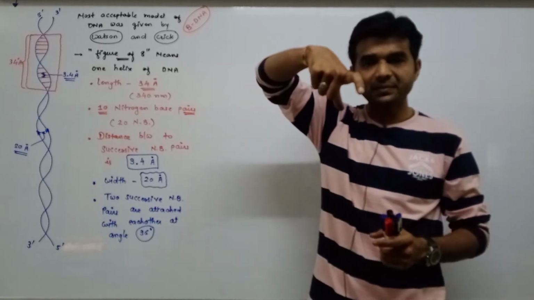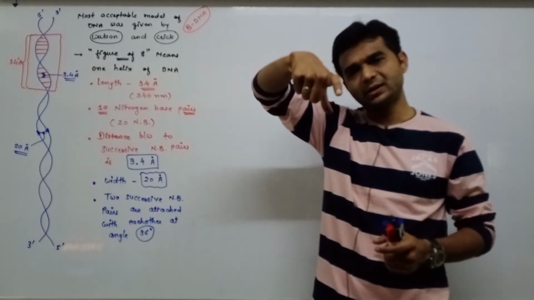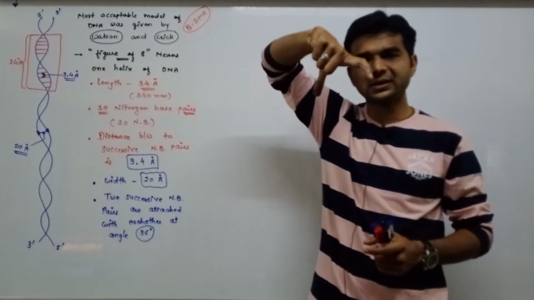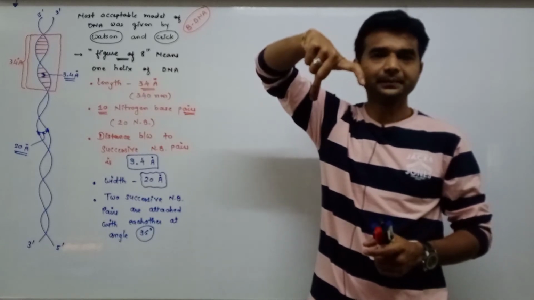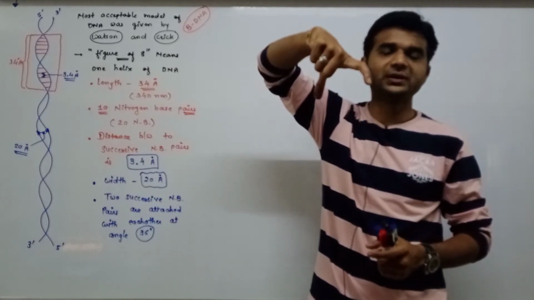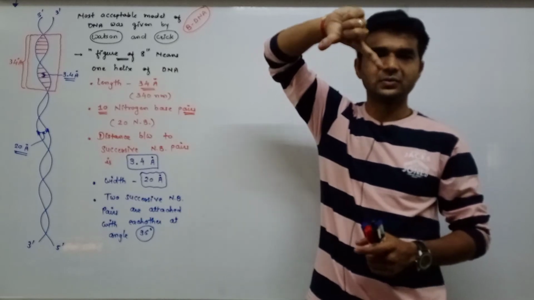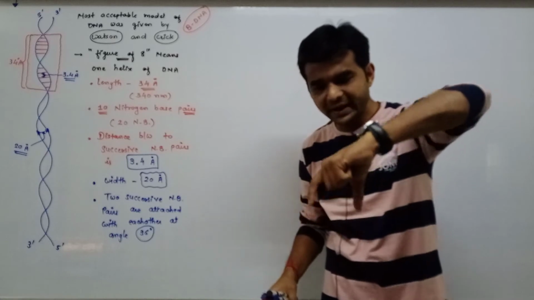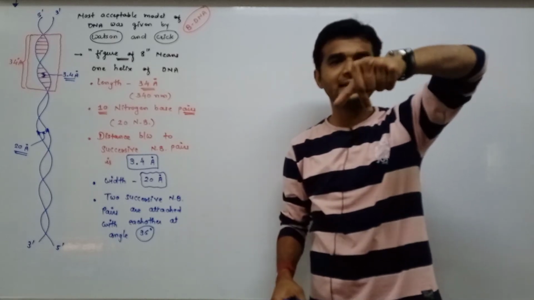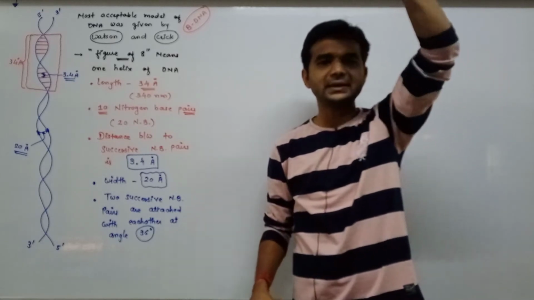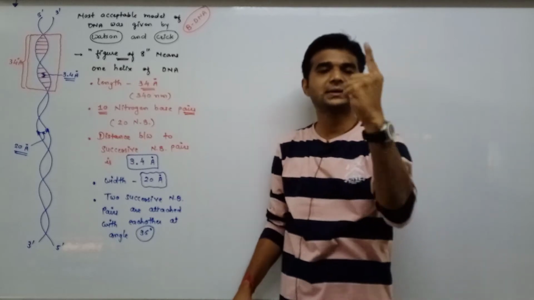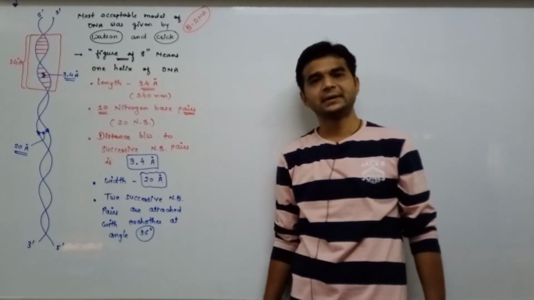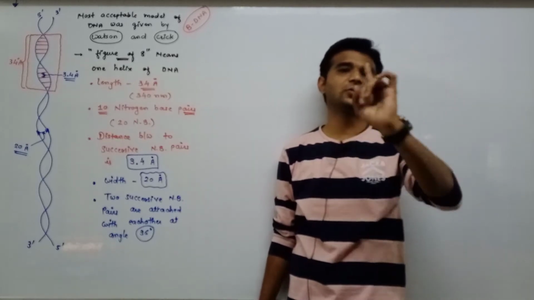So exactly after 36 degree, another nitrogen base pair is there. What happened here? The 10 nitrogen base pairs are attached together at every 36 degree, then 360 degree, and one whole circle is over.